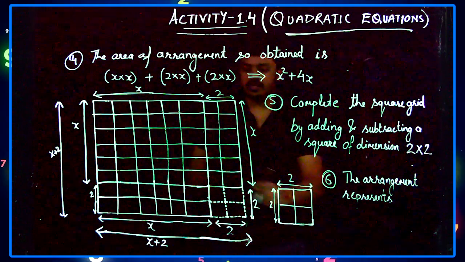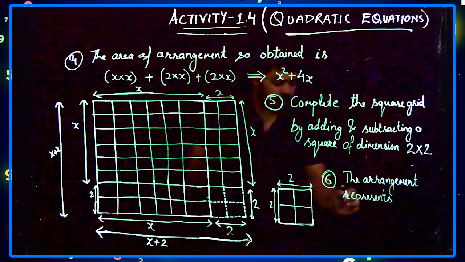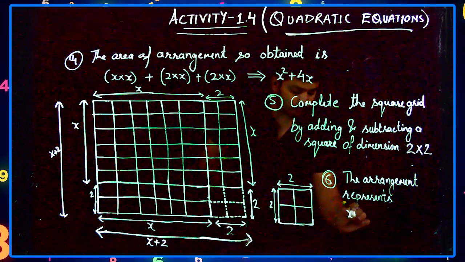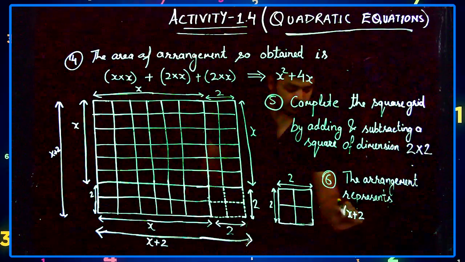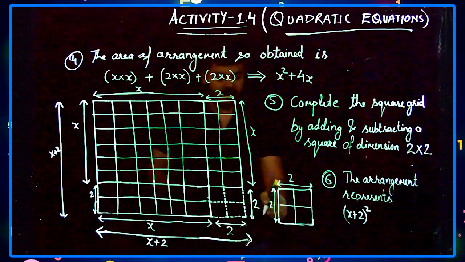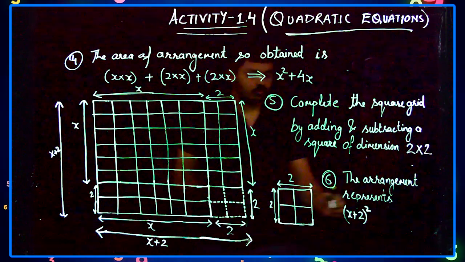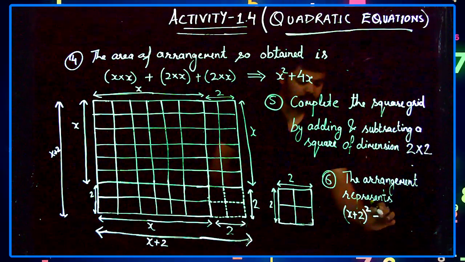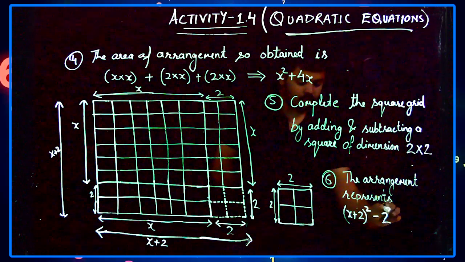So we can say the arrangement represents x plus 2 whole square and subtracting a square of dimension 2 by 2, minus 2 square.